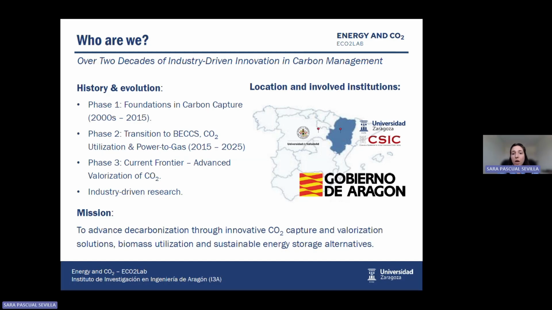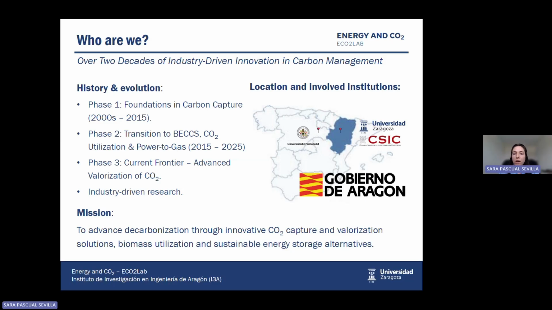And currently, we are in the third phase, focused on the advance of CO2 valorization and large-scale industrial decarbonization solutions. This evolution reflects how the challenge itself has changed. We moved from CO2 capture to asking how CO2 can become part of the solution.